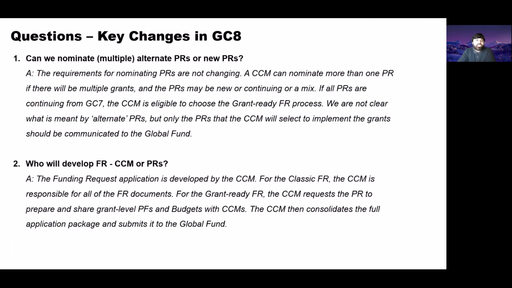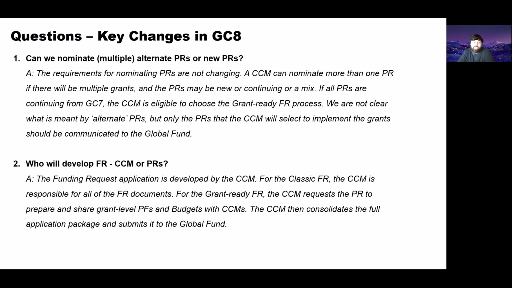So the first question that we had gotten in the chat was, can CCMs nominate multiple alternate PRs or new PRs? And for this, the essential answer is that the requirements for nominating PRs are not changing. In case there are multiple grants, a CCM can nominate more than one PR, and the PRs may be new, or they might be continuing, or a mix of the two.